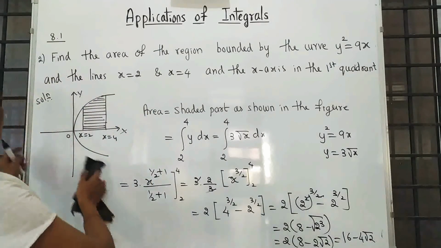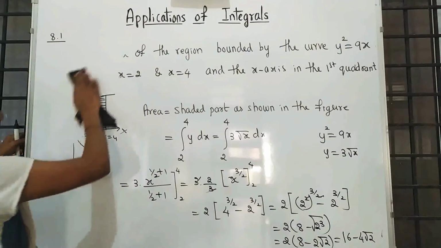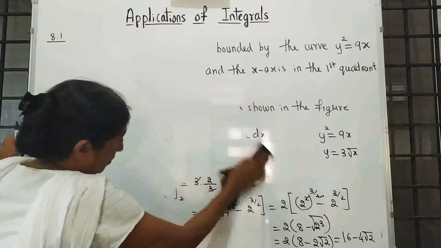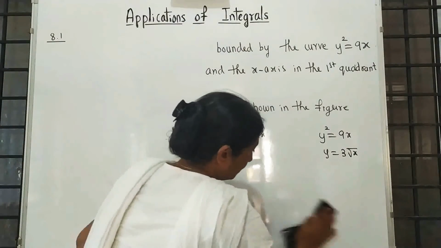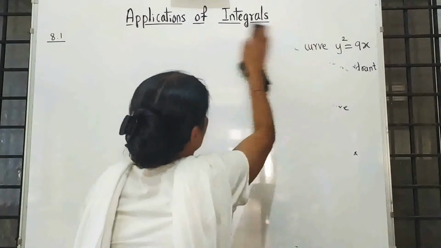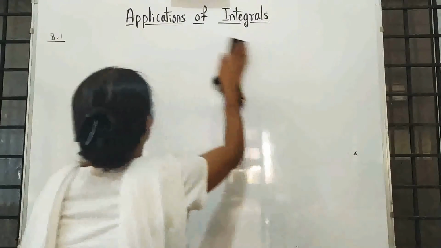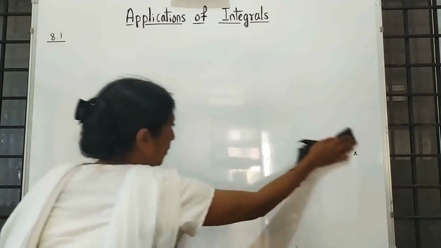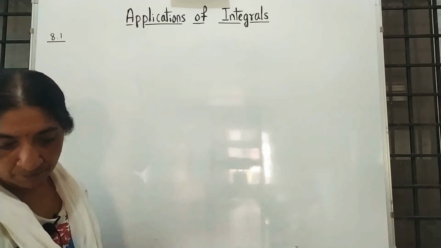Moving to the next question, that is question number 4. But in the exercise it is the third question. In exercise 8.1 it is the third question.